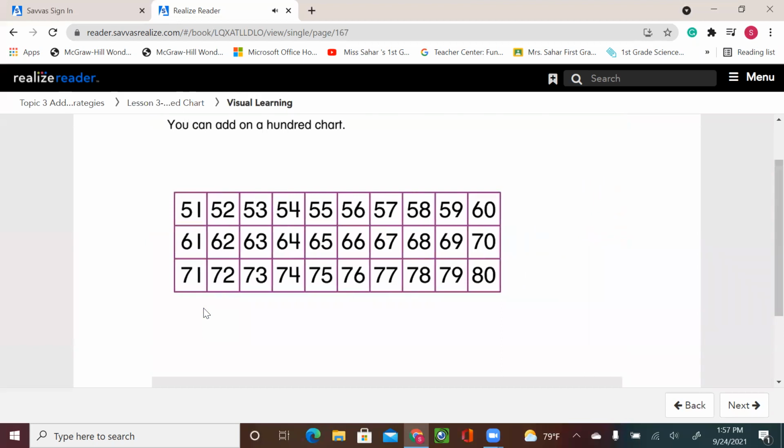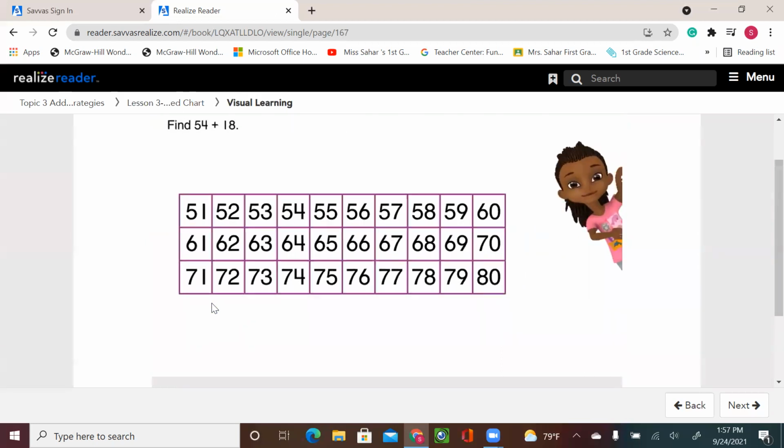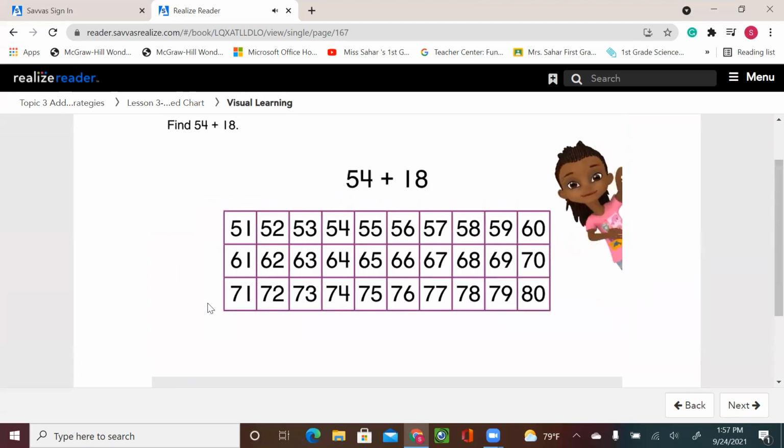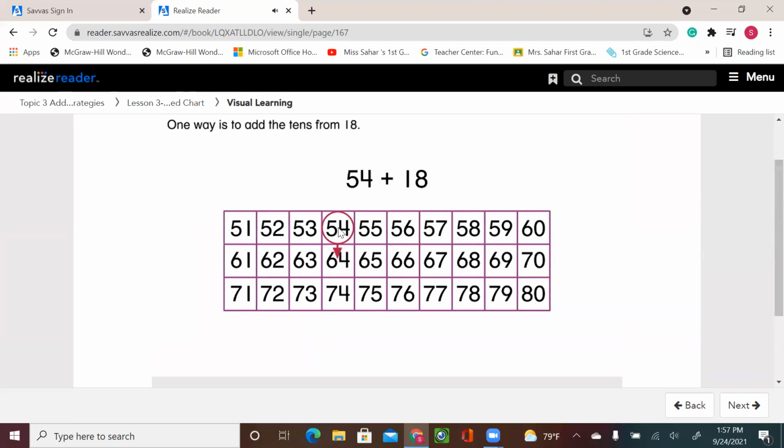You can add on a 100 chart. Find 54 plus 18. Start at 54. One way is to add the tens from 18. Move down one row to show 10.